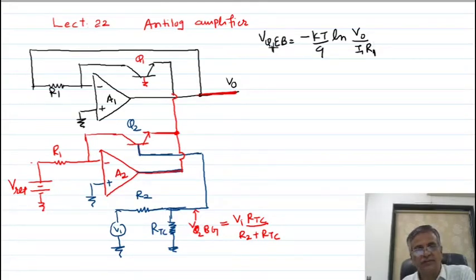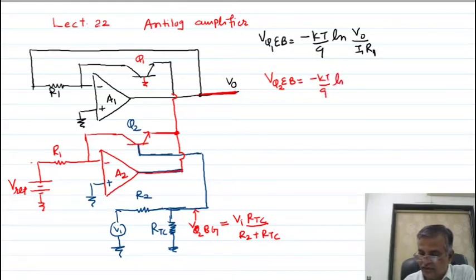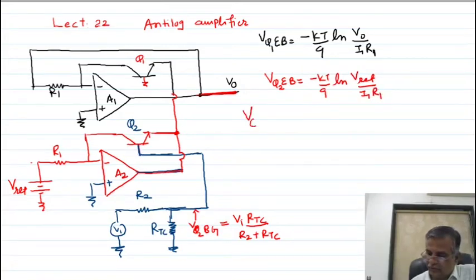Already we know this emitter potential, derived in a previous video. The emitter potential of transistor second we can write as minus KT by Q into ln of V reference upon I1 R1.